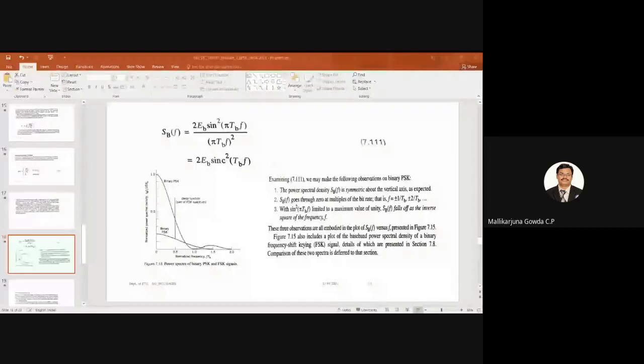After taking the Fourier transform of that signal, we get 2Eb sin squared of pi Tb f divided by pi Tb f whole squared. So it is nothing but sinc squared: 2Eb into sinc squared of Tb f. The g of t that is multiplied, I said, is root of 2 Eb by Tb, which is the s of t. You can think in terms of s of t.